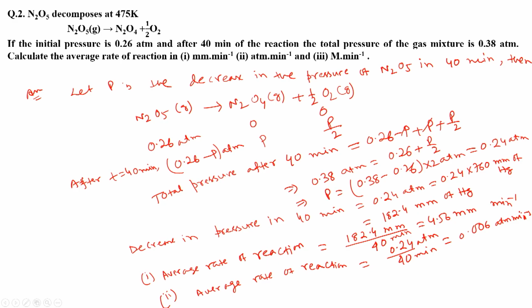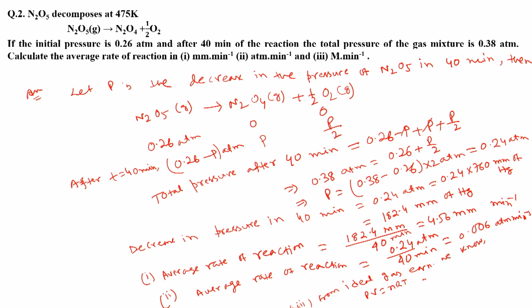Okay, and the third is moles per minute. So for that, from ideal gas equation we know PV is nRT.